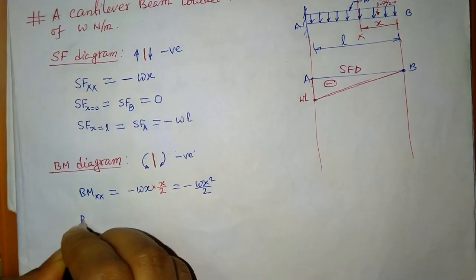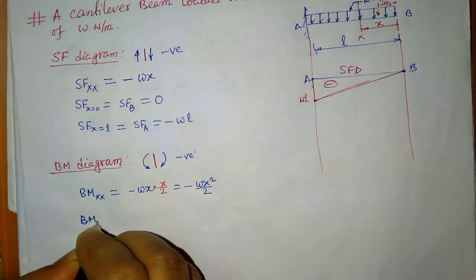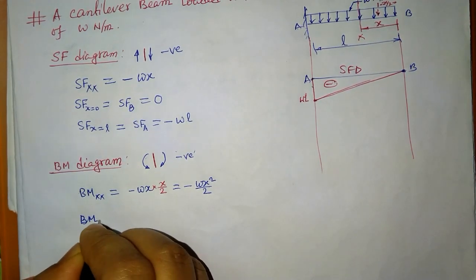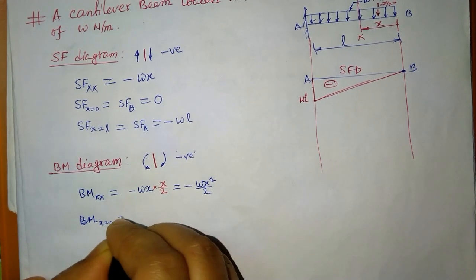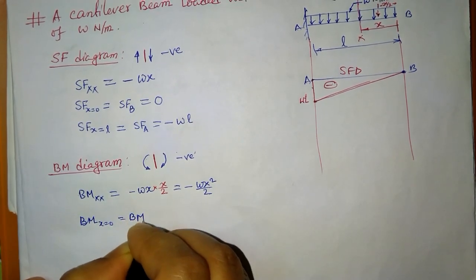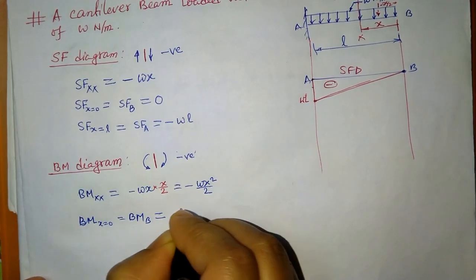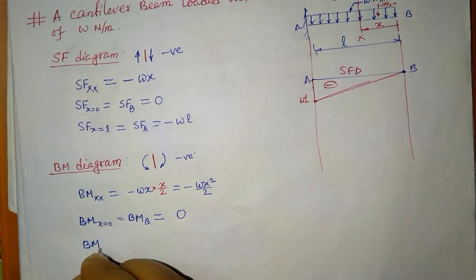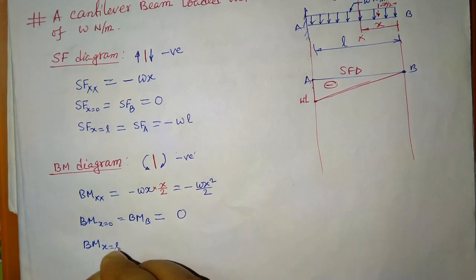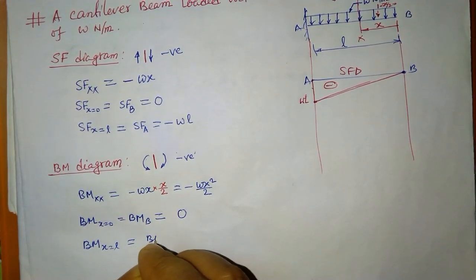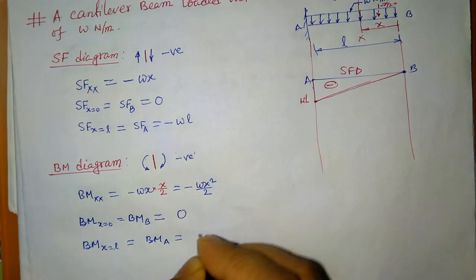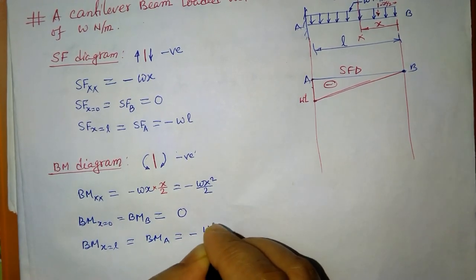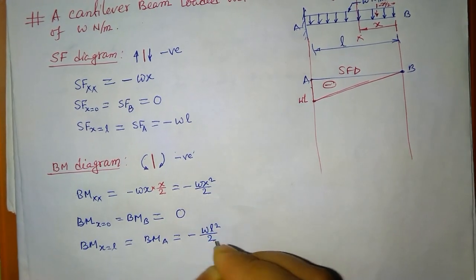Now similarly you can write that bending moment at x equal to 0, this is our bending moment at B, and this value is 0. Similarly, bending moment at x equal to L, we have bending moment at A, and this value is minus WL square by 2.